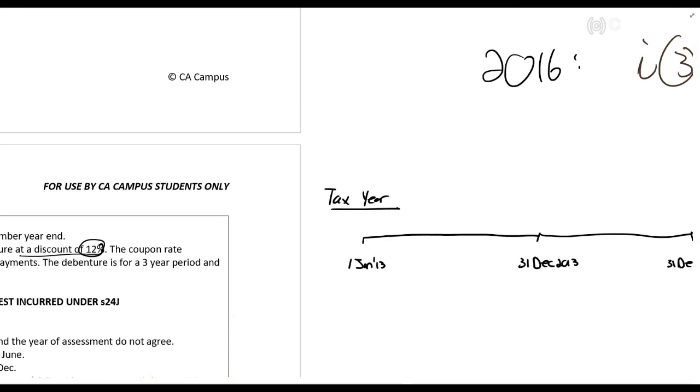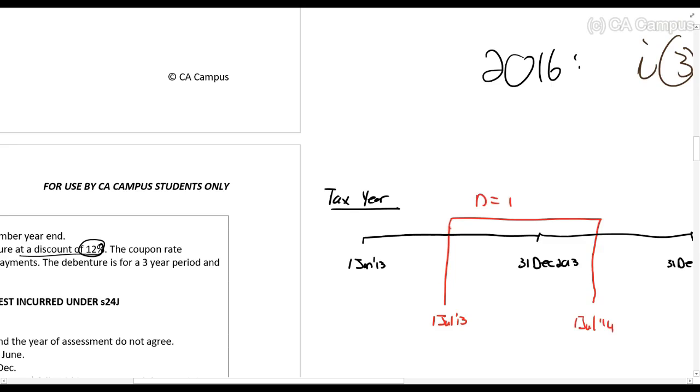Alright, so 1 July 2013. What I want you to see is it was issued here on the 1st of July 2013. So our first period will run as follows.